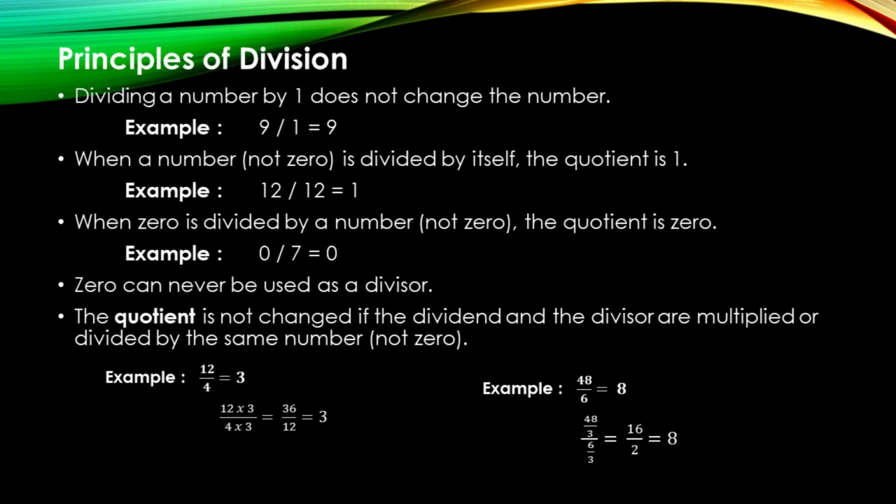So this means our biggest number does not change when we divide by 1. Another, when a number not 0 is divided by itself, the quotient is 1. For example, 12 divided by 12. The automatic answer is 1. It's always like that, class, when we divide a number by itself. Another, 9 divided by 9. Automatic, the answer is 1.